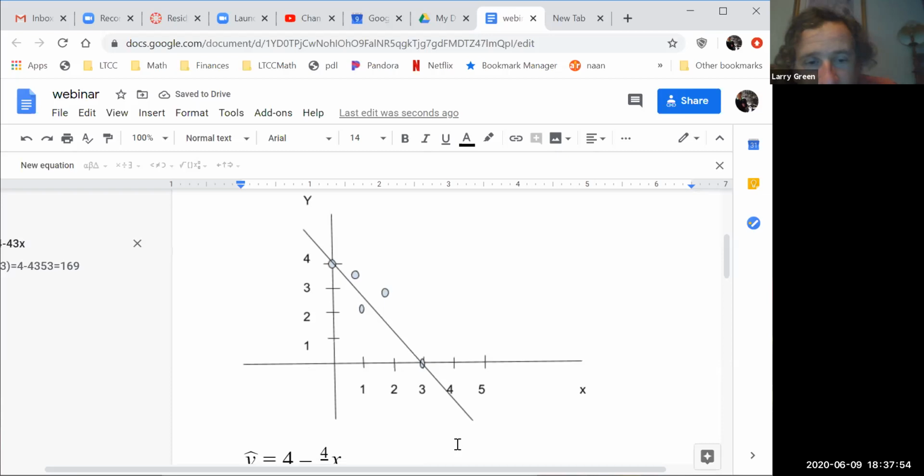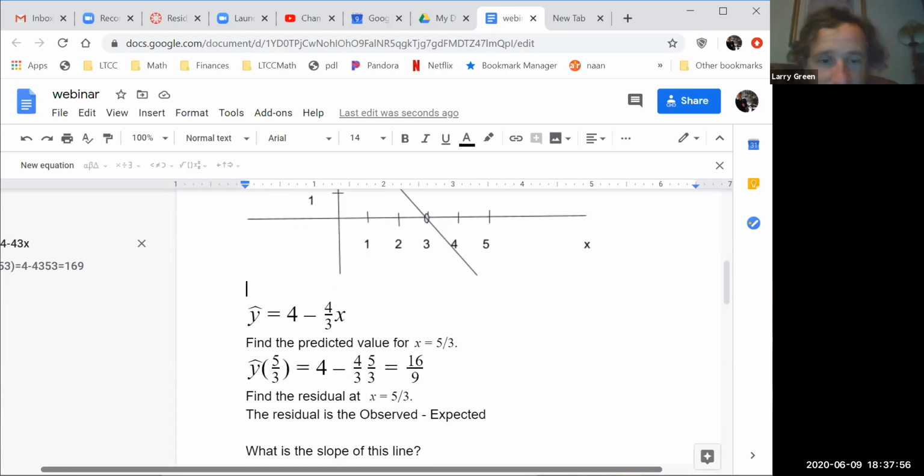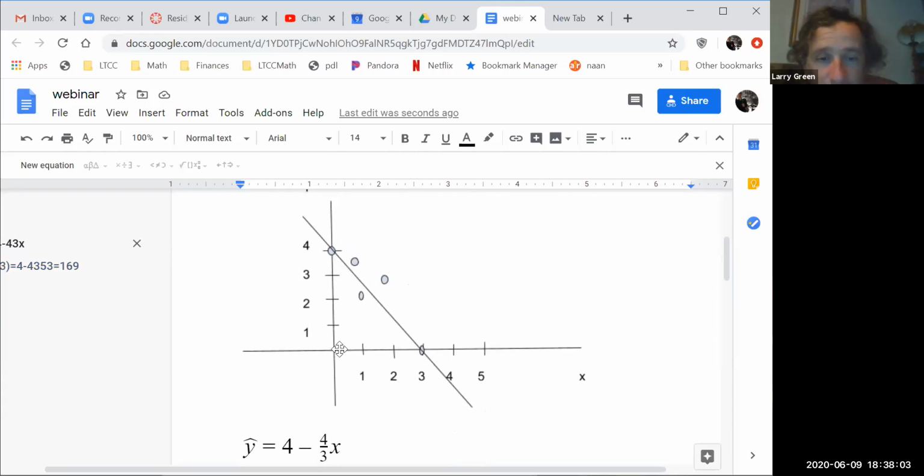Okay, so now we need to find the observed value at 5/3. So we're going to go to the graph and find 5/3. Notice 5/3 is less than 2, greater than 1, so it's kind of on the 2 side, and there's your point right here for the observed value. The observed value is where the point is.